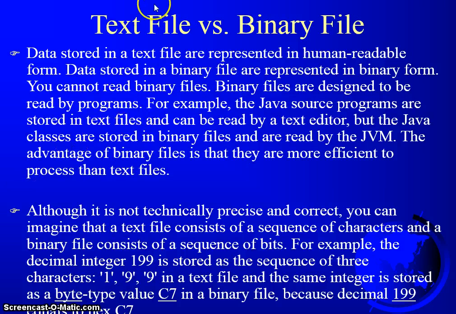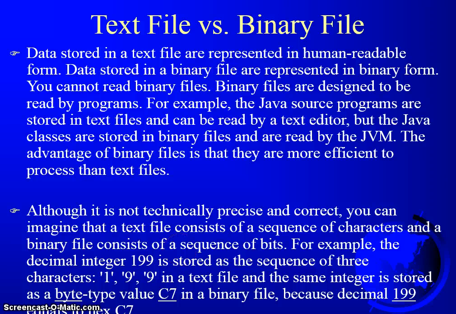Now again, comparing text files and binary files. Data stored in a text file is represented in human-readable form. Data stored in a binary file is represented in binary form, 1010. You cannot read the binary files. Binary files are designed to be read by programs. For example, we just talked about the Java files. Although it is not technically precise, you can imagine that a text file consists of a sequence of characters, and a binary file consists of a sequence of bits.